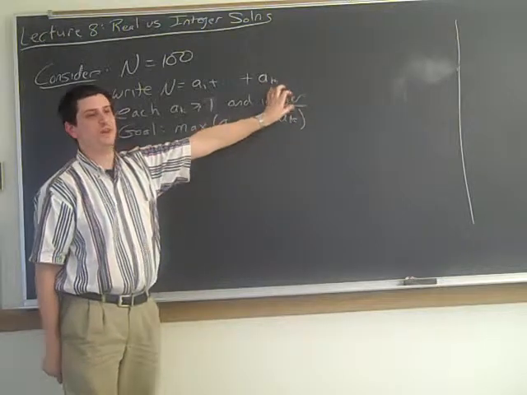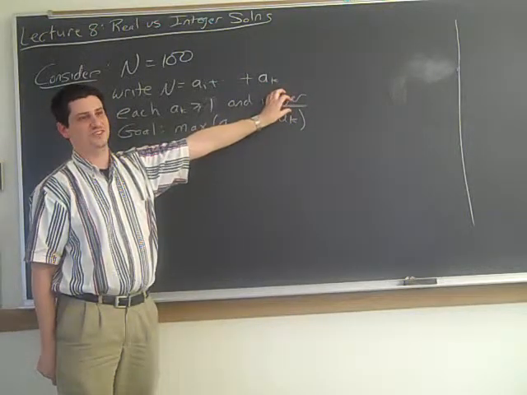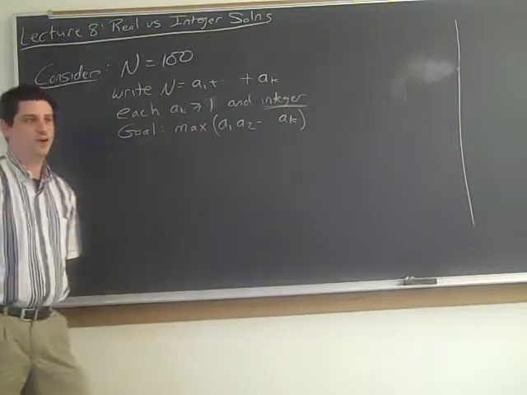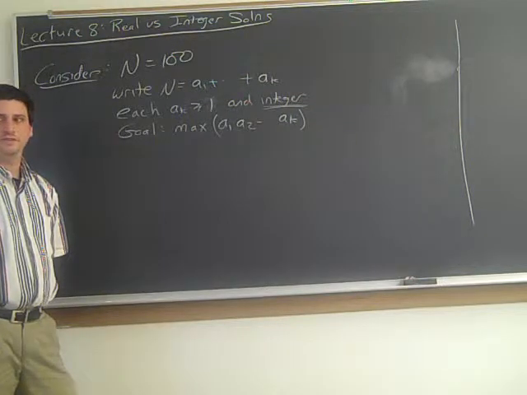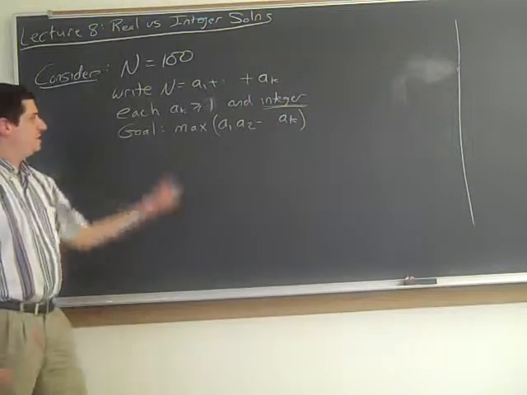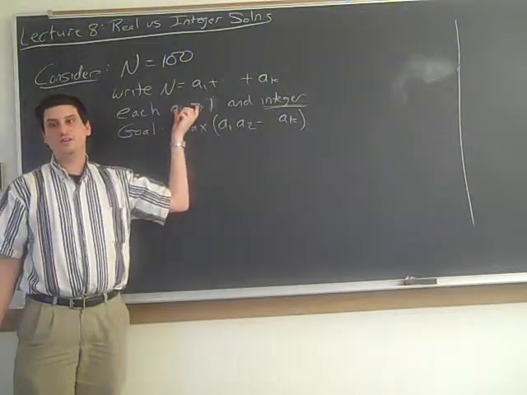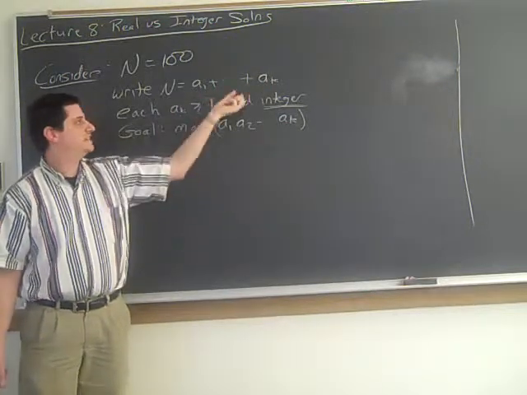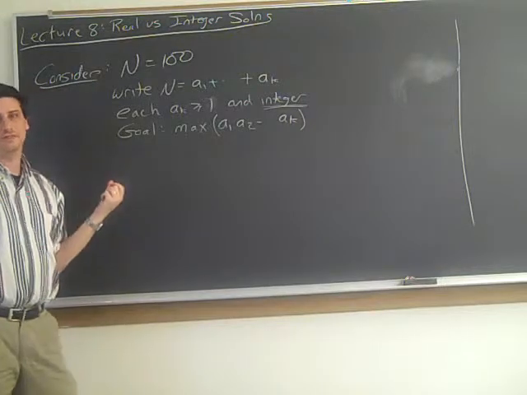But there's another problem here. It's more than just the integer. There's another complication here. ak greater than or equal to 1. We don't know how many k's. These constraints aren't that bad. We've had constraints like this in calculus before. It's that we don't know how many k's there are.